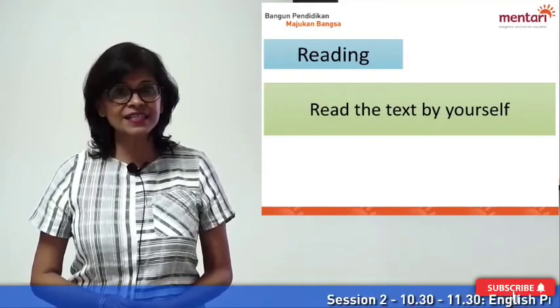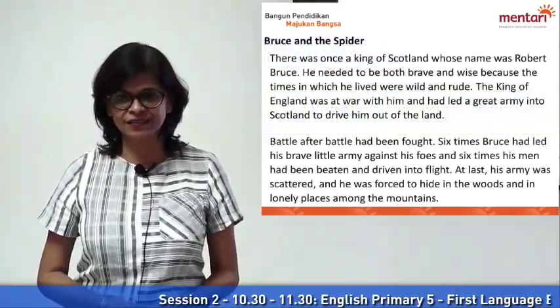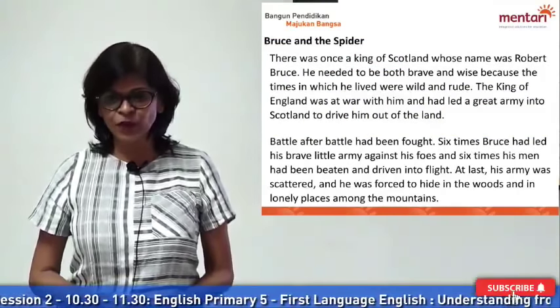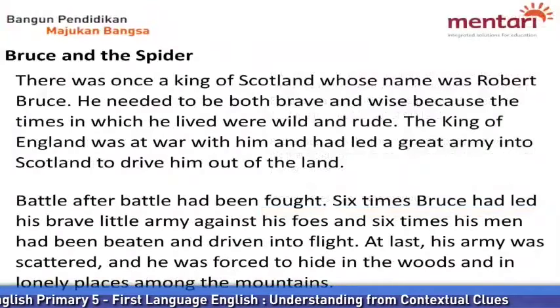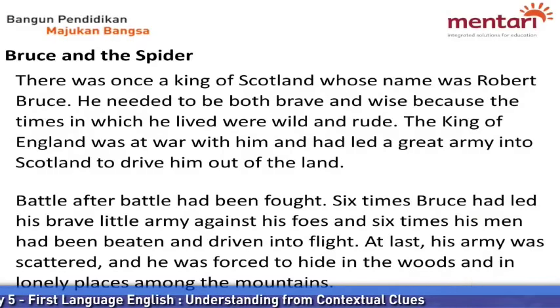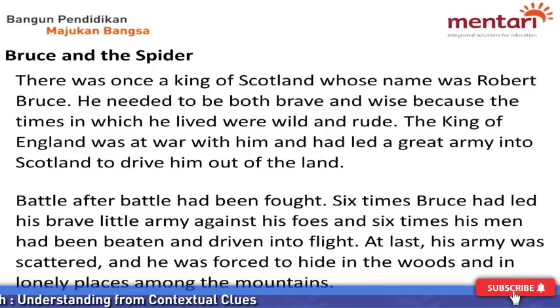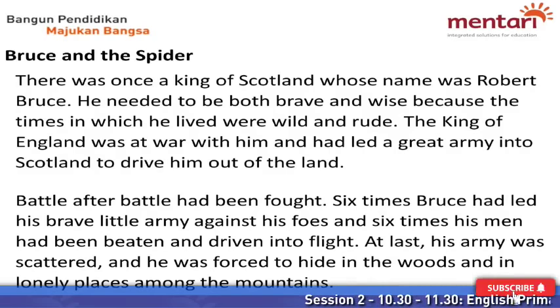Now, listen and read aloud. Bruce and the Spider. There was once a king of Scotland whose name was Robert Bruce. He needed to be both brave and wise because the times in which he lived were wild and rude. The King of England was at war with him and had led a great army into Scotland to drive him out of the land.